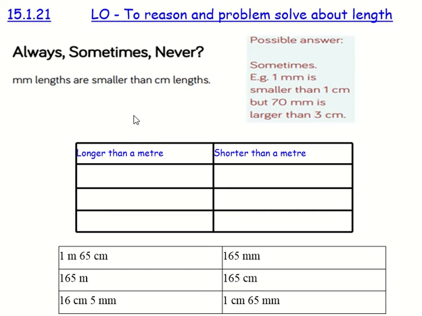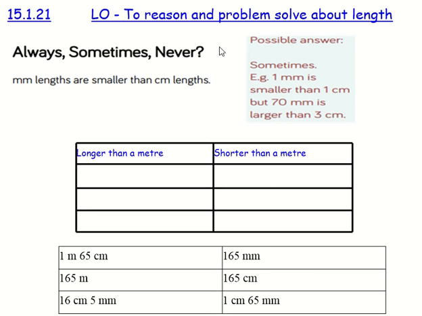Let's work through some of these problems together. So it says here, always, sometimes, or never. So here, millimetre lengths, remember those tiny ones, 10 millimetres in 1 centimetre, are smaller than centimetre lengths. So is that true always, sometimes, or never?